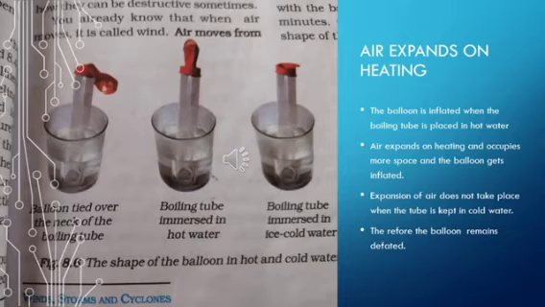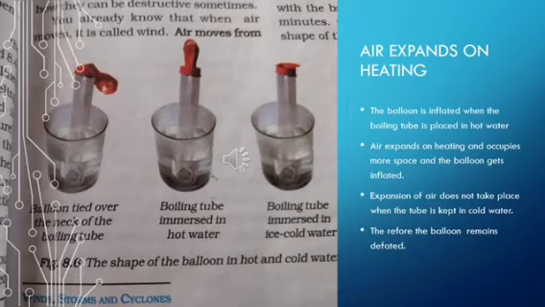Then you take a beaker. In the beaker you take hot water. Then you insert the boiling tube with the balloon in the hot water, and you observe this for 2 to 3 minutes. You will see that there is a change in the shape of the balloon. The balloon gets inflated.